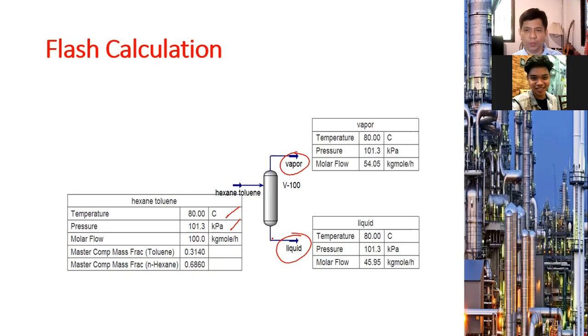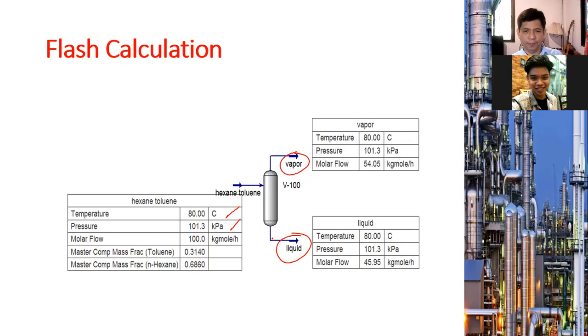Okay, so why do we do this? Sometimes we have a pure substance, halimbawa pwedeng magkaroon kayo ng pure toluene sa vapor or pure hexane sa vapor, tapos sa liquid naman, pwedeng magkaroon kayo ng pure hexane. Pwedeng gano'n. That's why we are using flash distillation column, no, for purification and for separation.